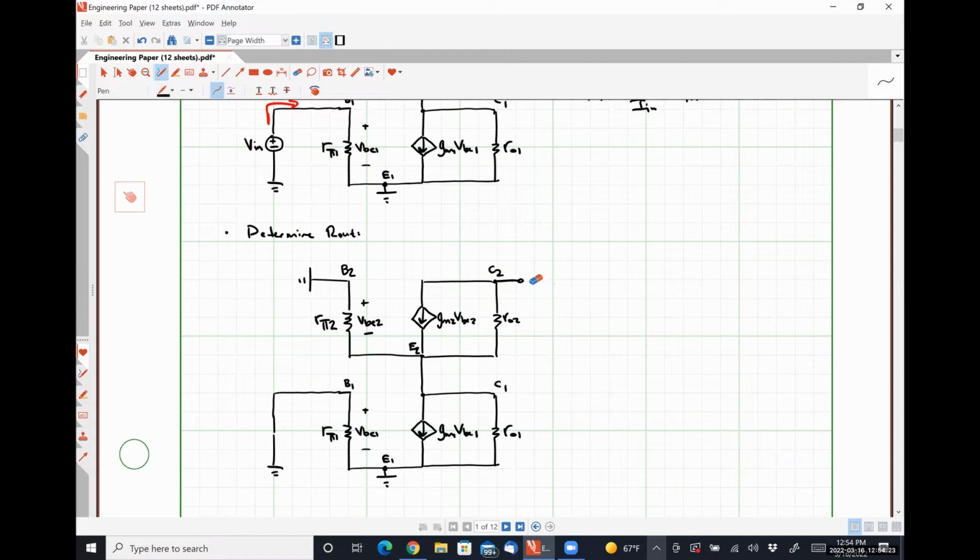Formally, we would apply a test voltage source. I'm going to call it V out, and we would figure out what this current I out is.